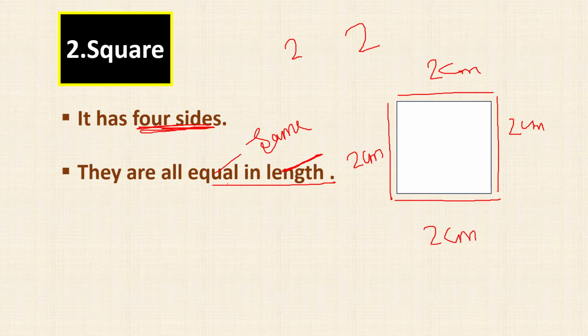So we call it length. When you take the same size of sticks, they have the same length. If all the sticks are 2 centimeters, we get a square of 2 centimeters. Hope it's clear to you.